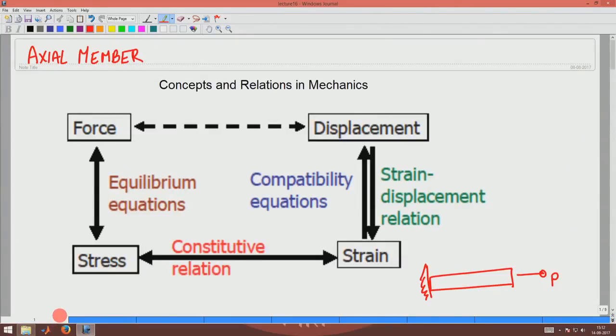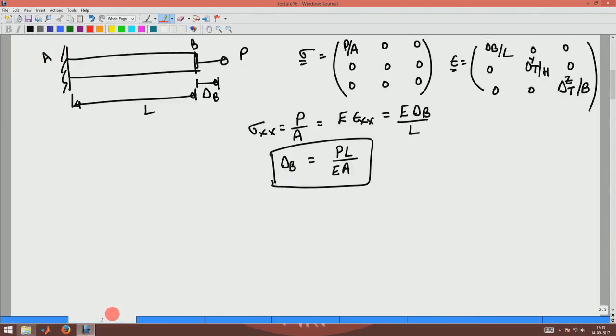In other words, we have used the equilibrium equation to relate the applied force to the stress, the strain displacement relationship to relate the displacement to the strain, and the constitutive relation to relate the stress to the strain. So, that is what we have done in this problem, and we have got the relationship that delta B is P L by A E. Now, let us apply this to some problems that are of interest.